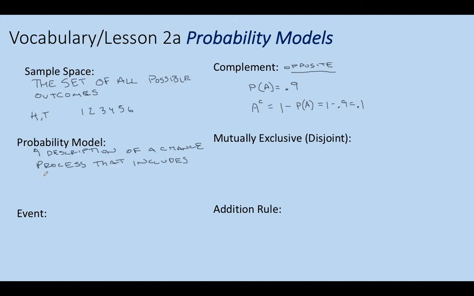It's going to include the sample space and the probabilities for pretty much everything.